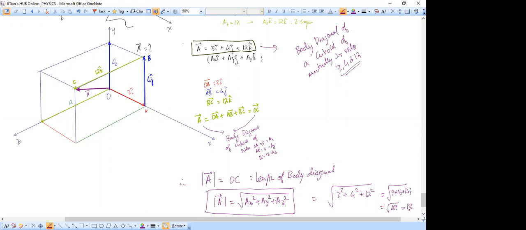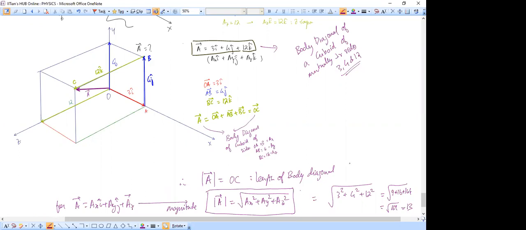Okay, so this is the next factual thing we should know about any vector. For a vector A which has components Ax, Ay, Az, the magnitude is given by this formula, which is nothing but the length of the body diagonal.